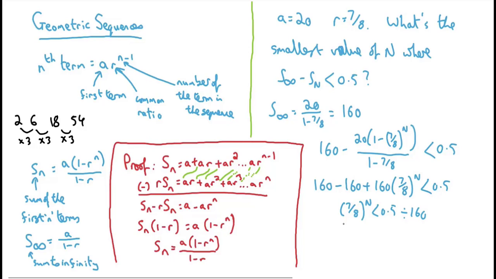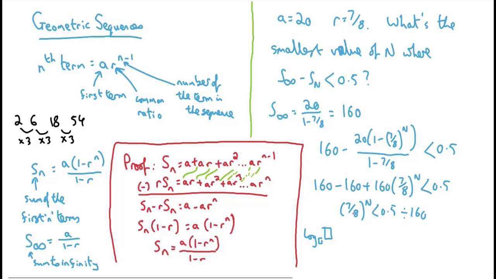And then what you can do is take logarithms. If you haven't come across logarithms yet, do be sure to check out that video. The whole point of logarithms is on your calculator, where you have the button which says log, and you've got a small square and then a big square.